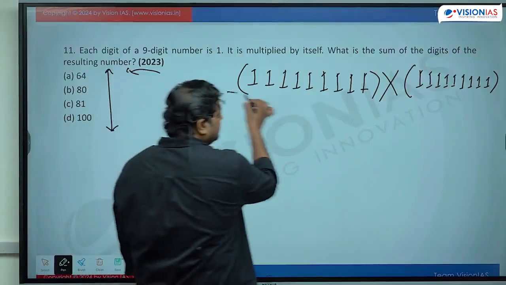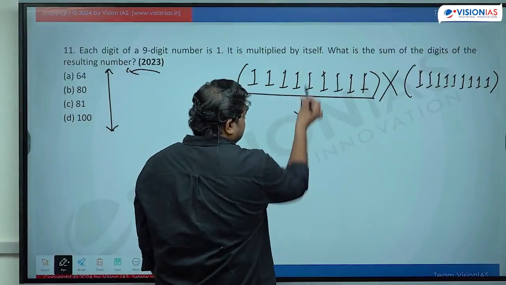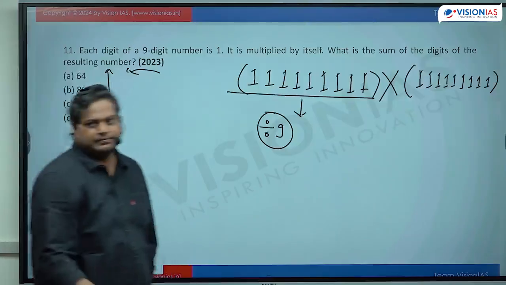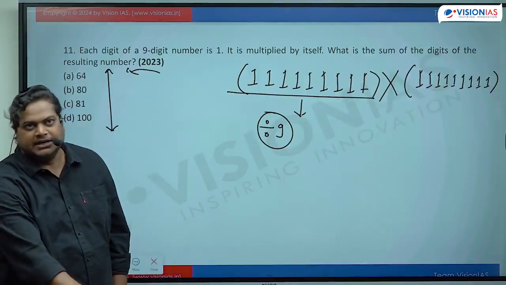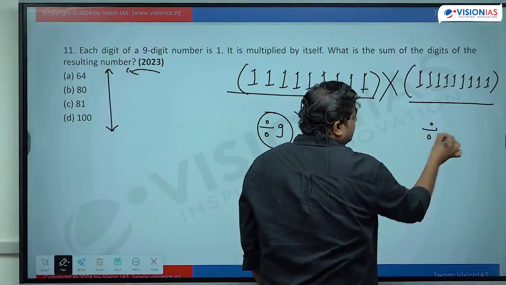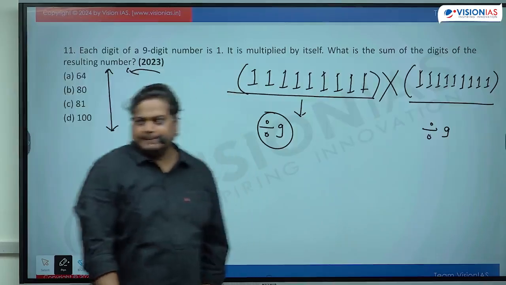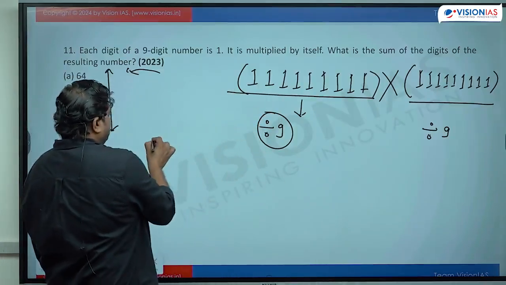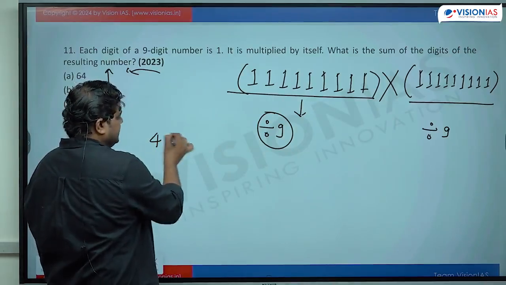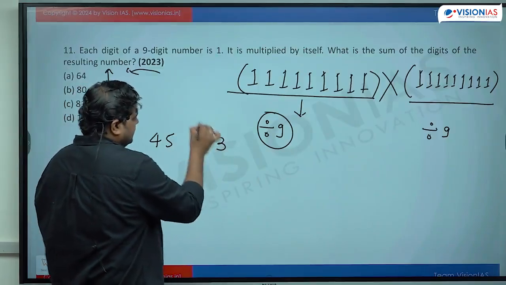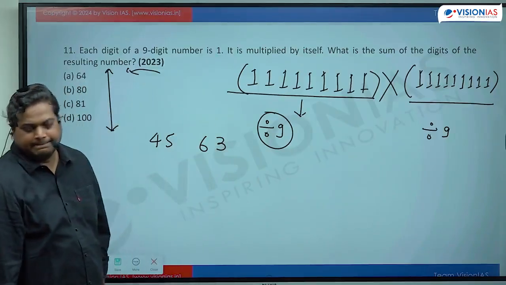If I ask this, is this number divisible by 9? This number is divisible by 9. And this number? It is also divisible by 9. If I write this way, 45 is divisible by 9, and 63 is also divisible by 9.